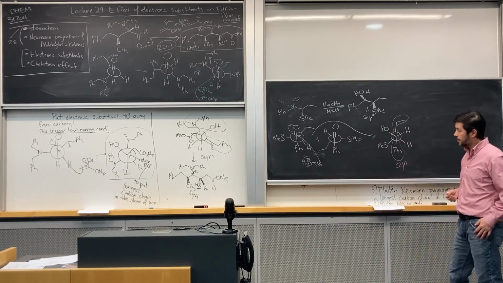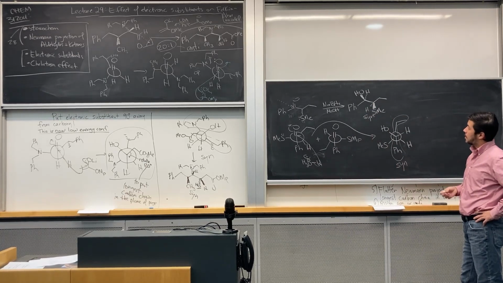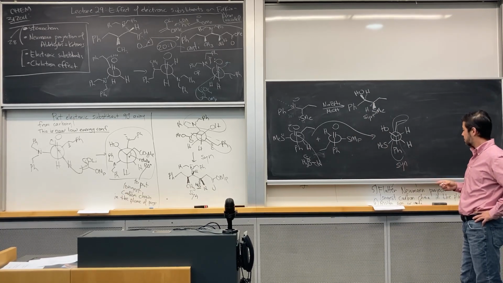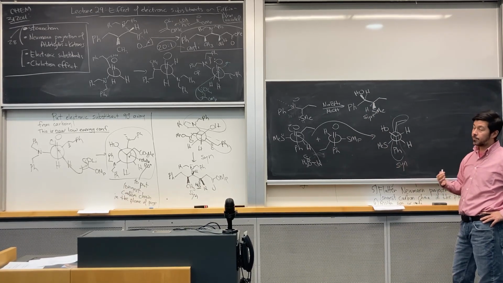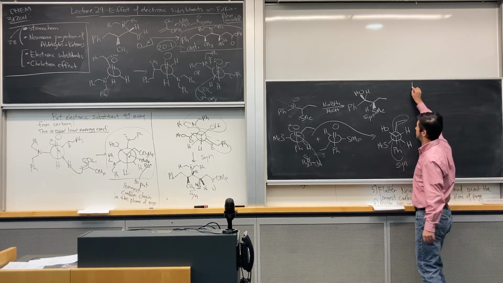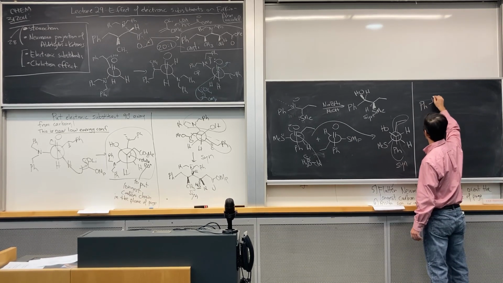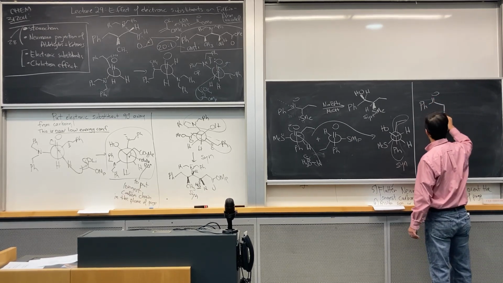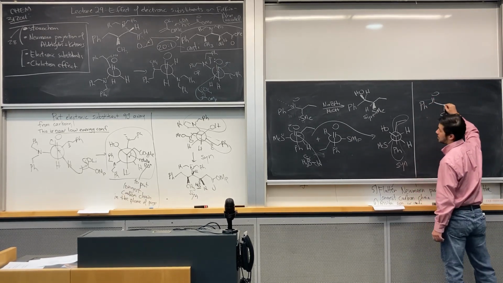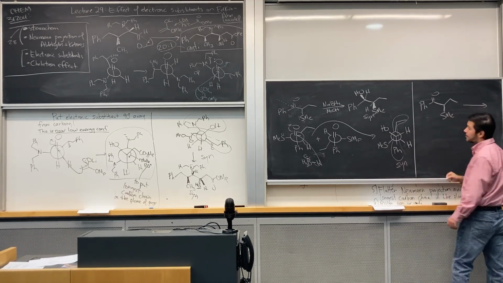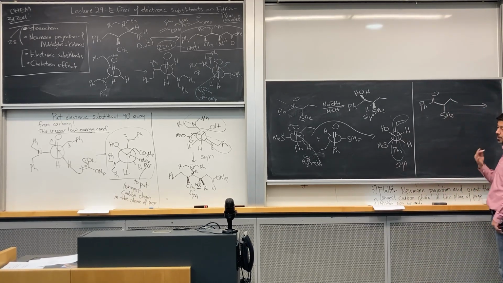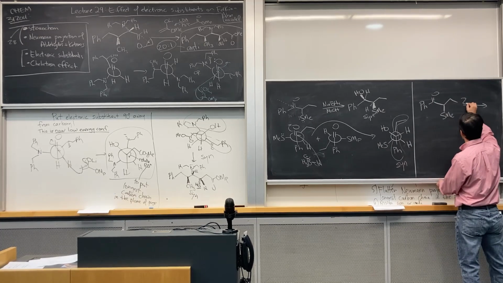All right, so pretty straightforward, right? Now, it turns out if you do this reaction with a different hydride reagent, with the same substrate, but instead of using sodium borohydride, we're going to use something called zinc borohydride.